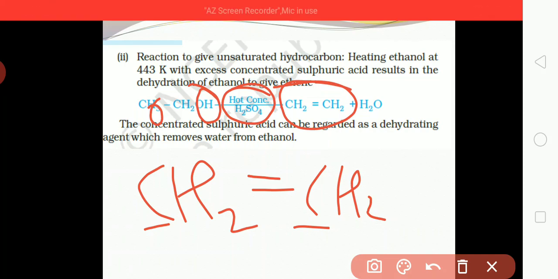From this you can see that an unsaturated hydrocarbon will form when ethanol reacts with H2SO4 in the presence of heat. On heating ethanol with excess concentrated sulfuric acid, it will give this.